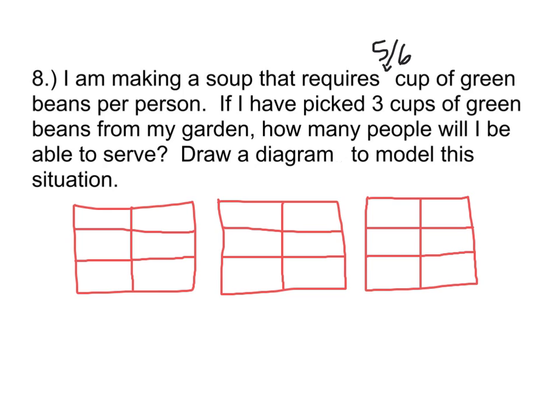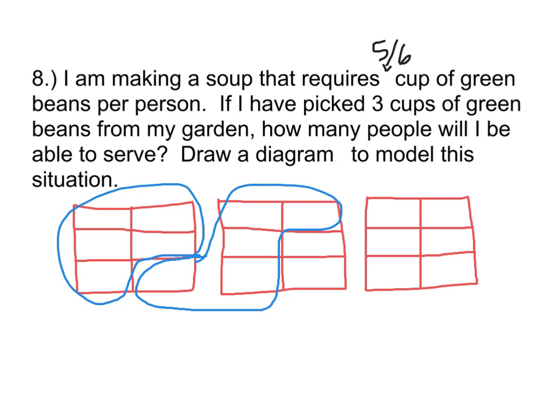Then I'm going to circle groups of 5. So I've got one group of 5 here. Then I've got another group of 5 here. And I've got a group of 5 here. And then I've got 3 pieces left over.